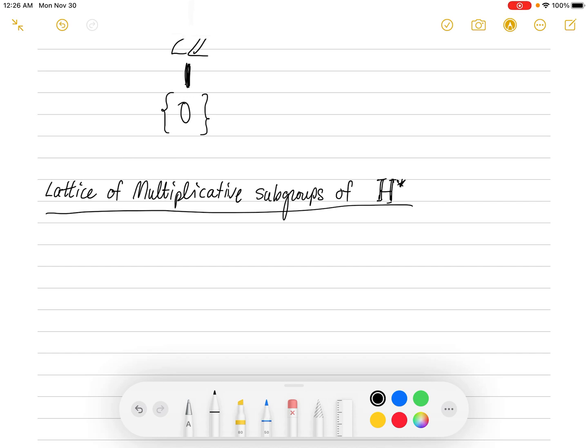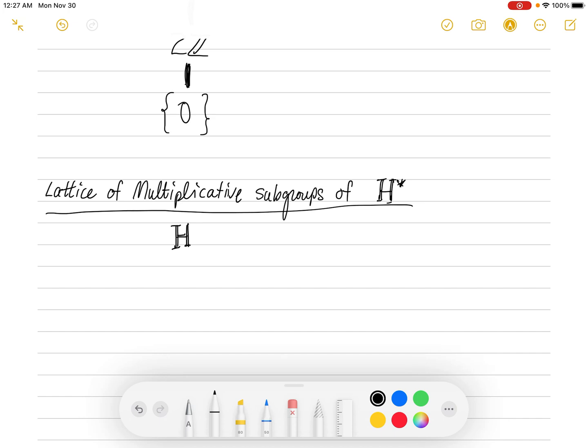Now what is H star? It's the real quaternions, and basically you're just throwing away the 0 element. So that turns out to be a group under multiplication. It's not abelian because multiplication does not commute, but every non-zero element does have a multiplicative inverse.